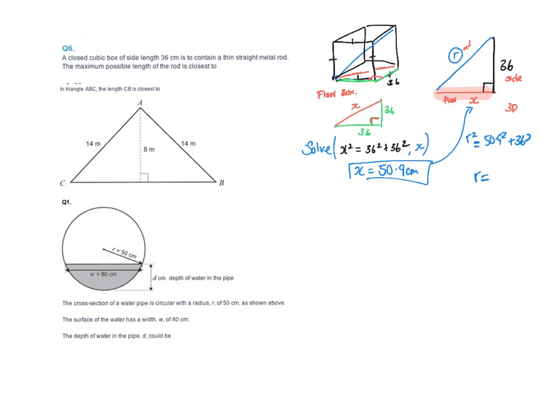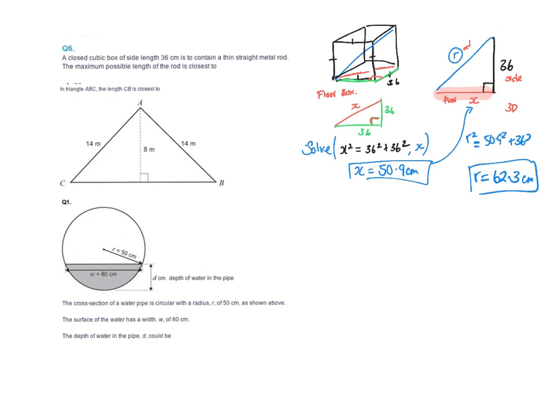Okay, so R ends up being 62.5 centimeters. Okay, so there is a 3D one for you. You'll get them later on as well. We'll practice them a bit more later on, but just so you can think about it now. You would have done them in other classes, previous years.